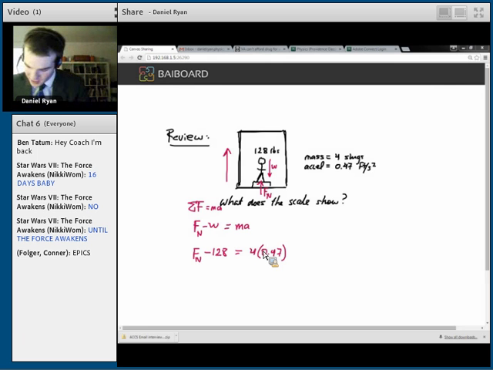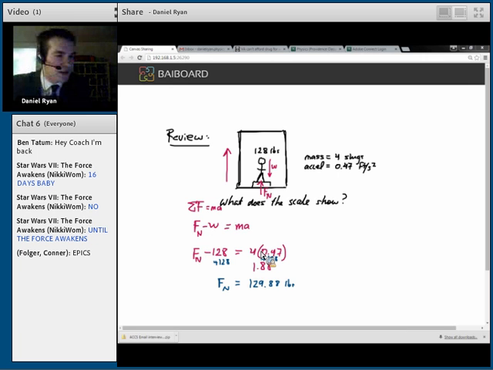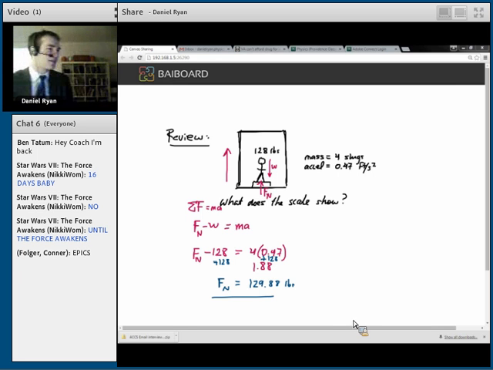And we're just going to add 128 to both sides of the equation. We get 129.88 pounds. We find that is equal to the normal force. Kapow! That is the correct answer. Good work. Any questions on this, on the elevator problems?